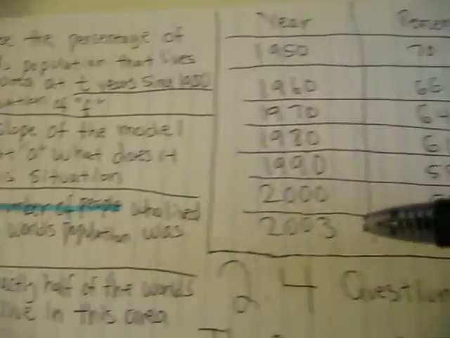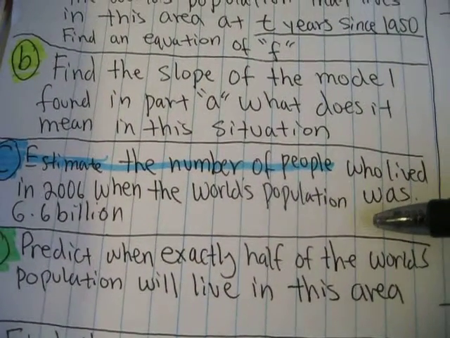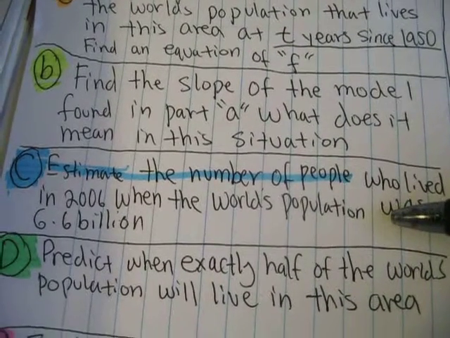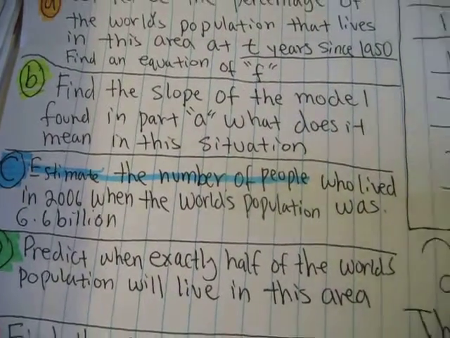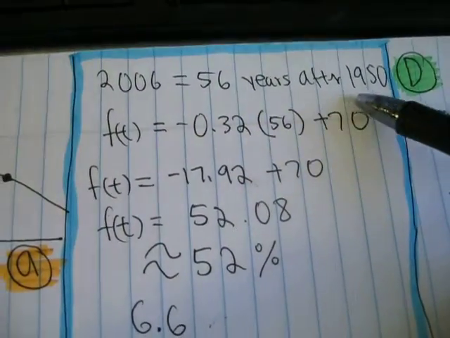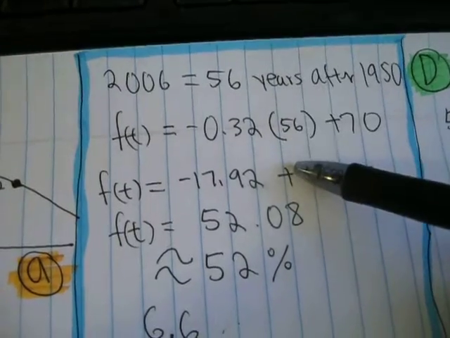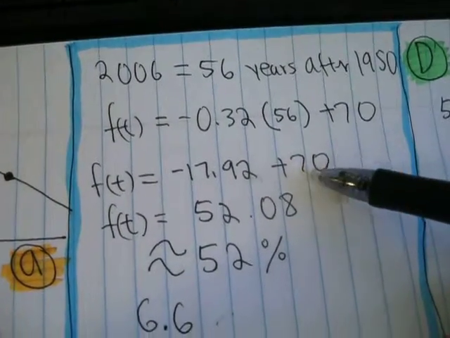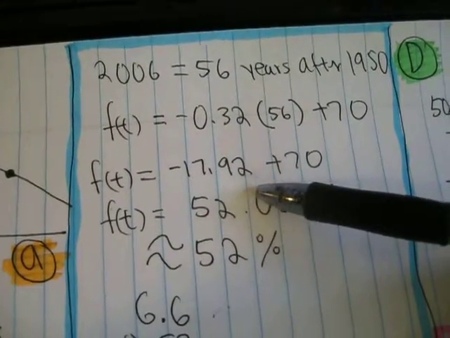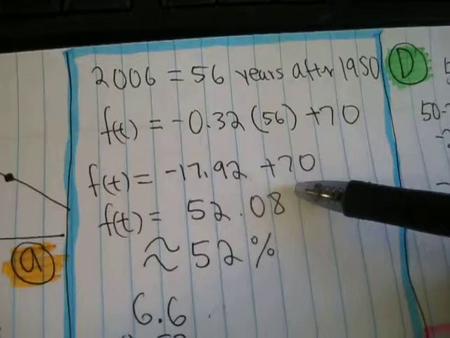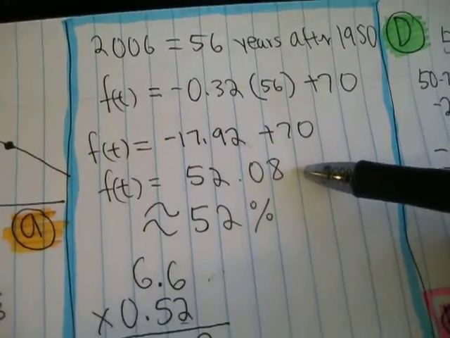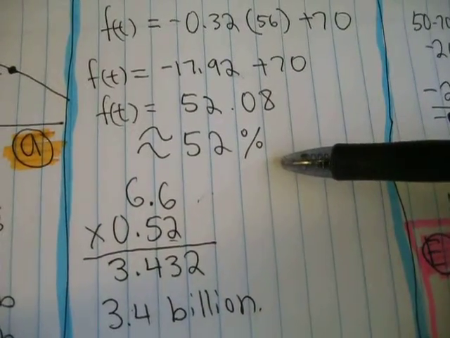So let's go into question C. Estimate the number of people who lived in 2006 when the world's population was 6.6 billion. So first of all, 2006 is 56 years after 1950. So we plug that into our equation, and negative 0.32 times 56 is negative 17.92 plus 70, and we'll get the answer of 52.08, which is approximately 52%.